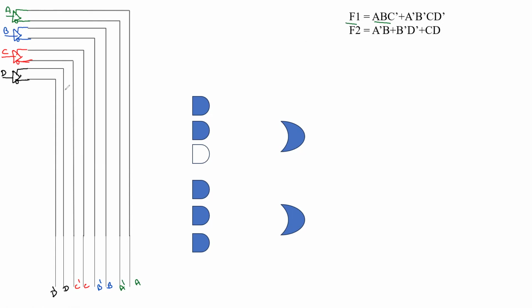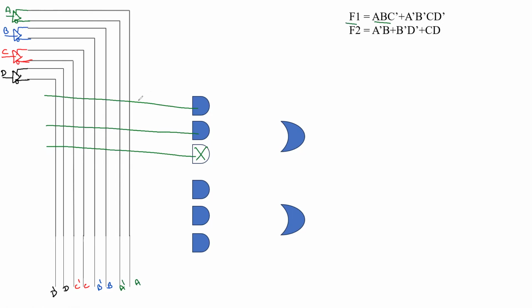So finally, this connection is going to be here. This is the array, so we can connect directly here. And here we want to make both functions symmetric. F2 has three and F1 has only two product terms, so we are connecting one false AND gate also. That will look better. So this is a false one.